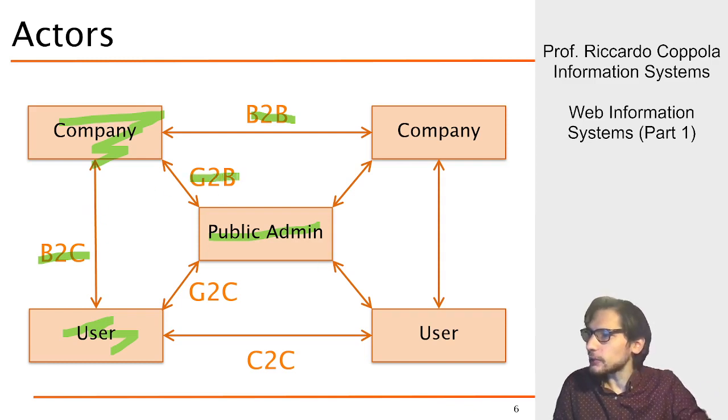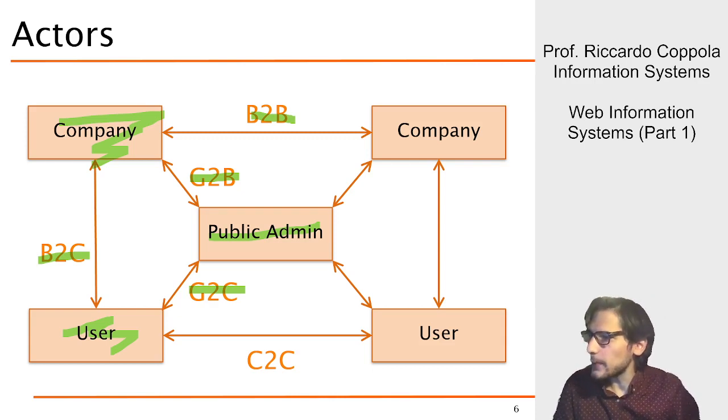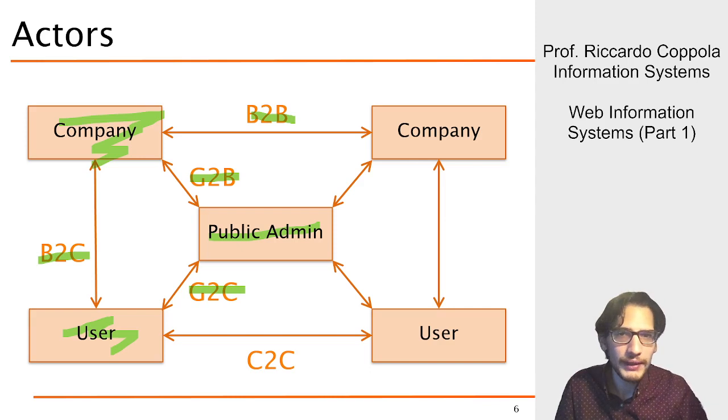And of course we also have the possible interaction through an information system with the government or with the public administrations, with this G2B, meaning government to business, and G2C, meaning government to consumer, government to customer.